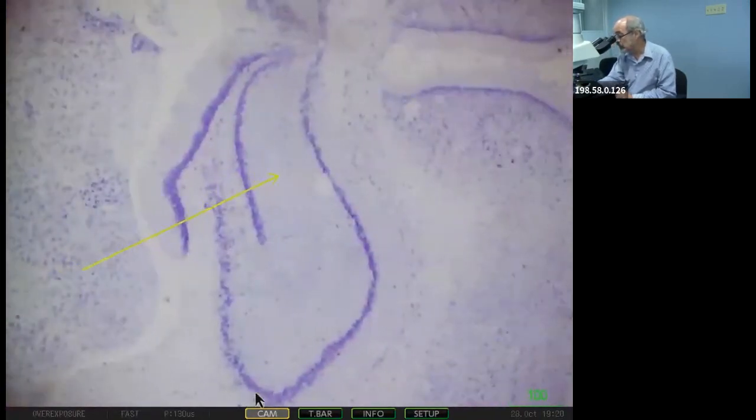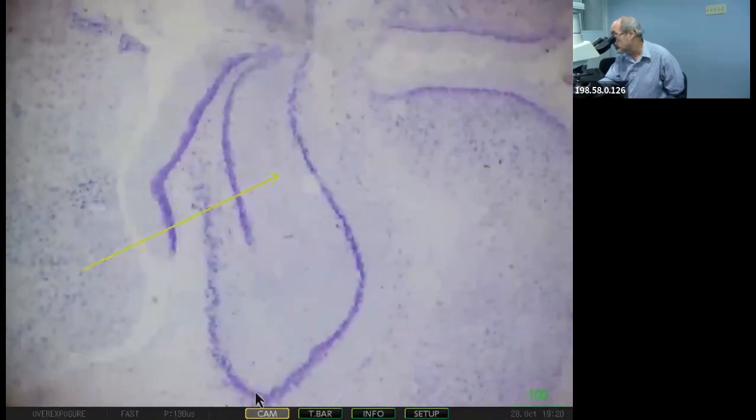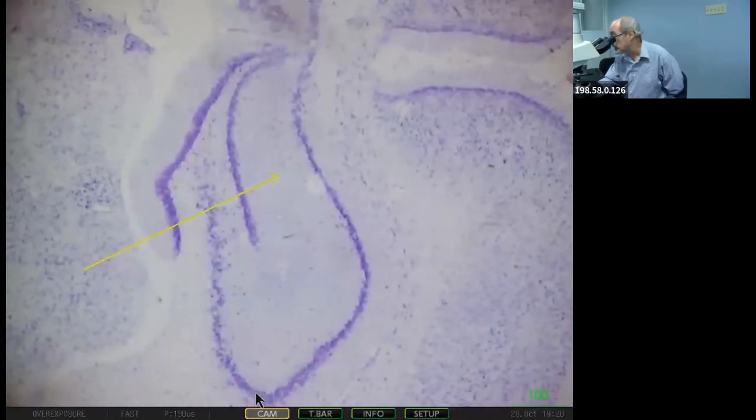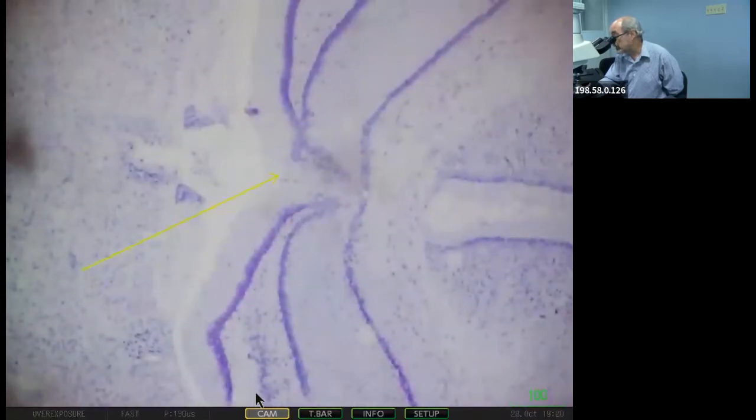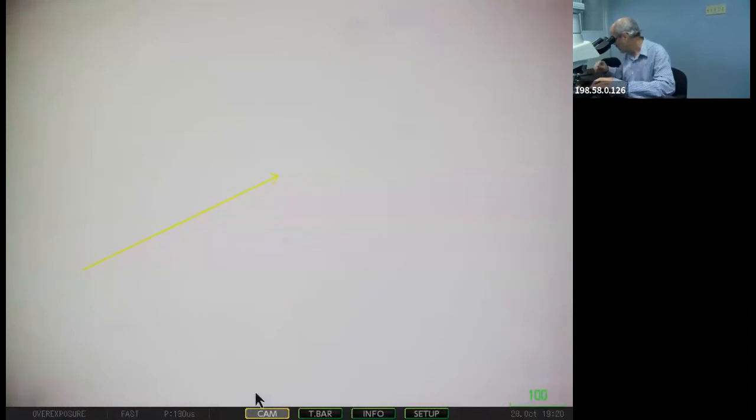Something that you don't have to know: here you have a structure, which is here. You see the structure, like in the field? It's called the hippocampus, and it is a structure which is important in memory. So it is your hippocampus, which is important in your memory process. Okay.